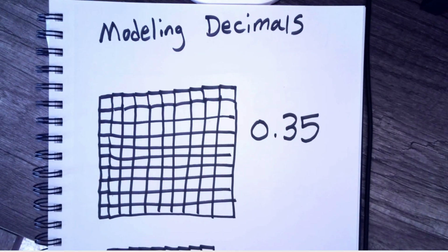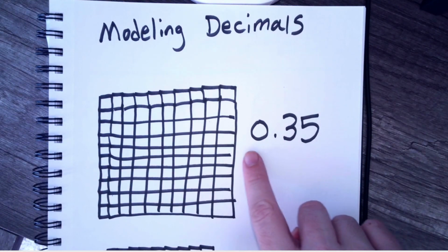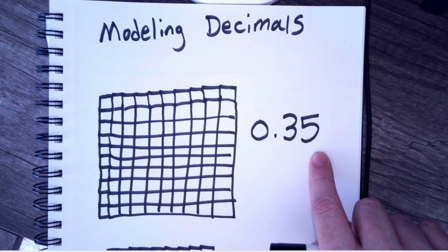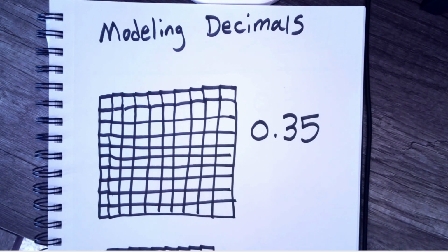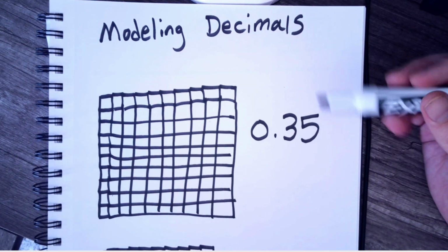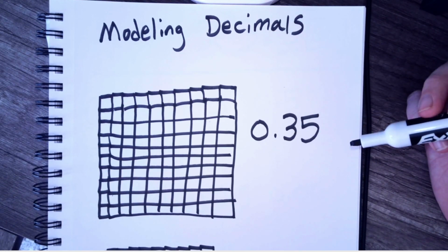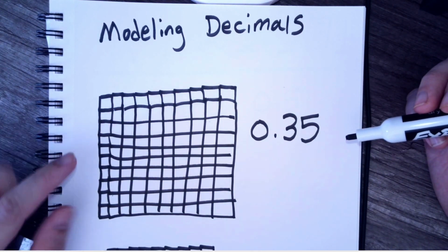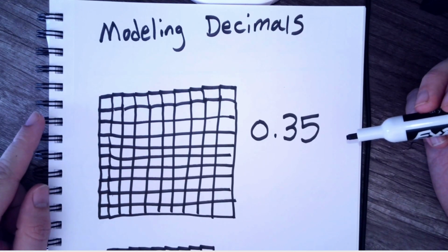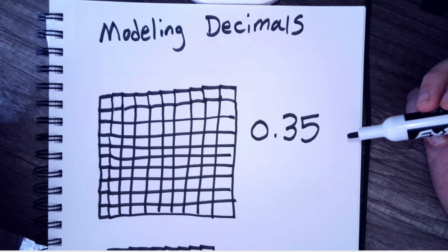So what we are going to do is look at a couple of these, and I've provided a decimal number, and we're going to take this decimal number and shade it in to show it as a model. So here we have 35 hundredths as a decimal, and what we want to do is take it place at a time until we've shaded in the proper amount. There's a couple ways we could think about this.